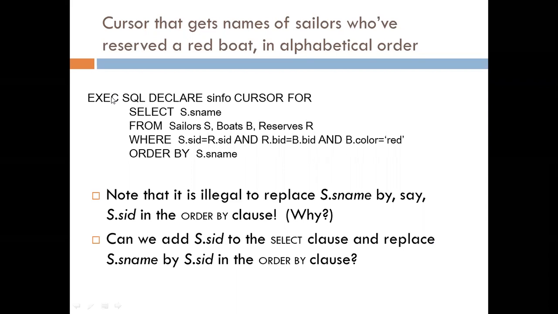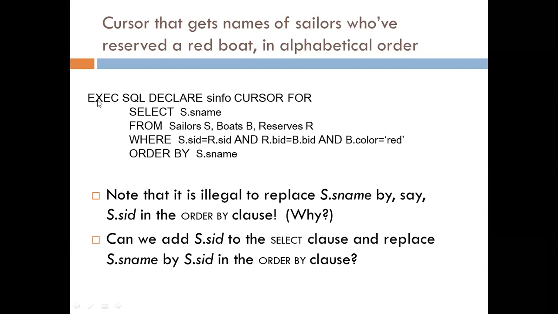Our execution statement in embedded SQL will be like this: exec SQL declare, sinfo is the name, cursor for, followed by the SQL statement. Whatever we have written after the first line, we have already studied, it is just basic SQL.